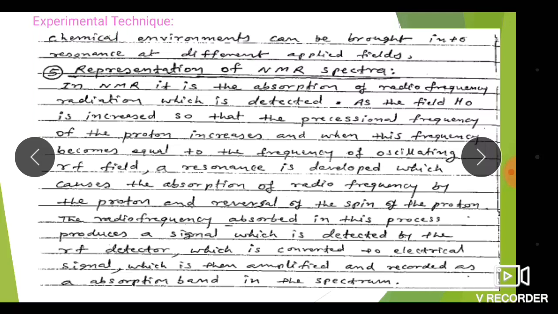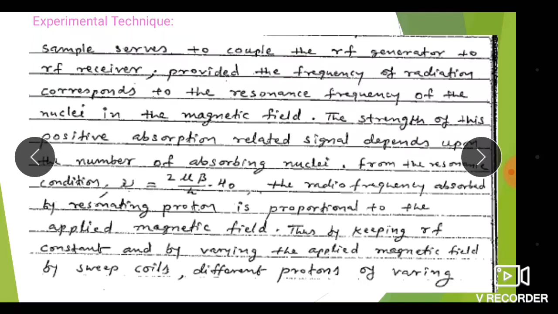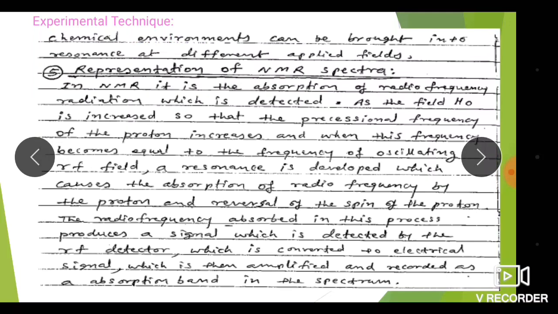So to bring the protons into resonance, we require to change the field strength, and when varying the field strength we bring all nuclei into resonance.